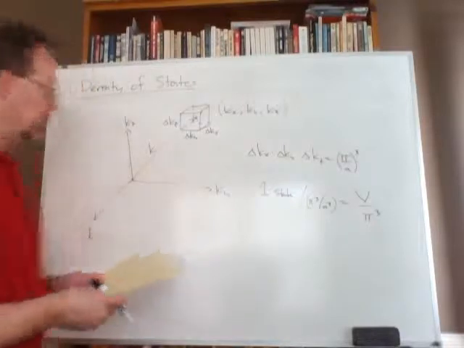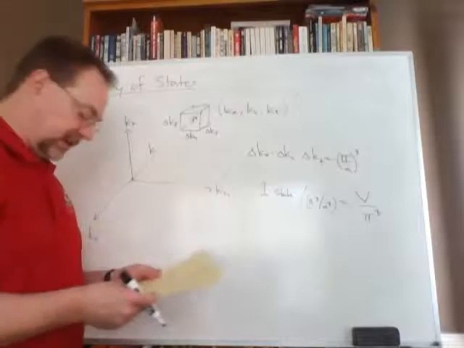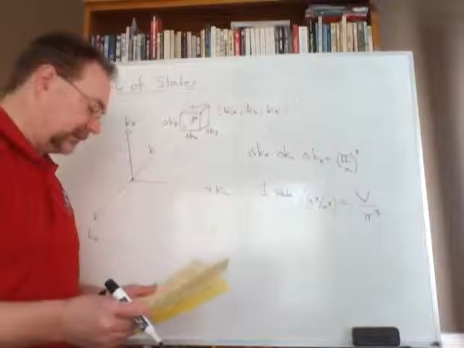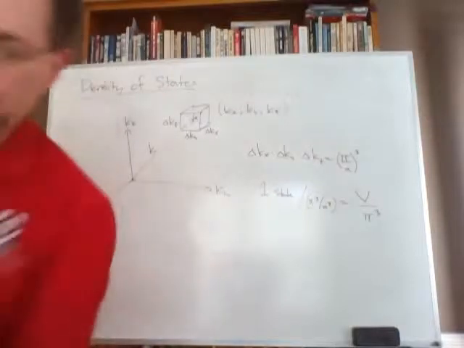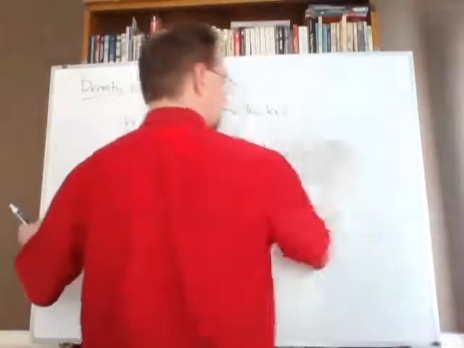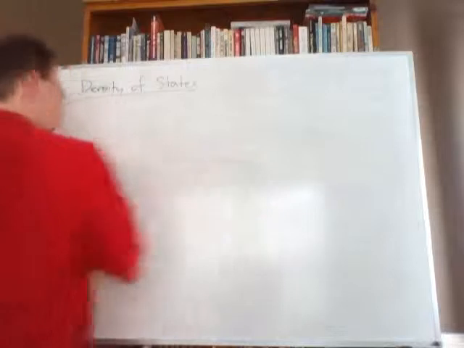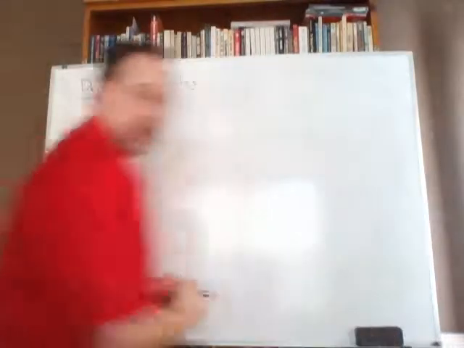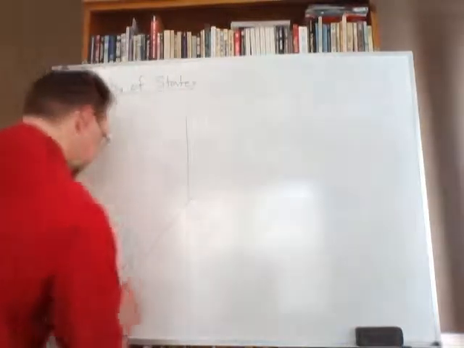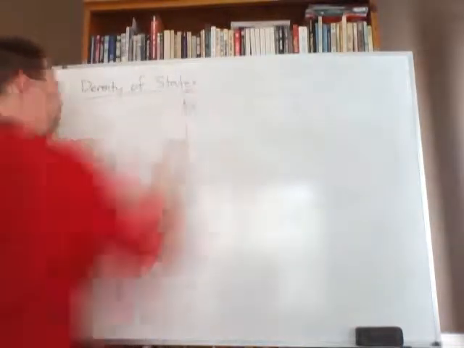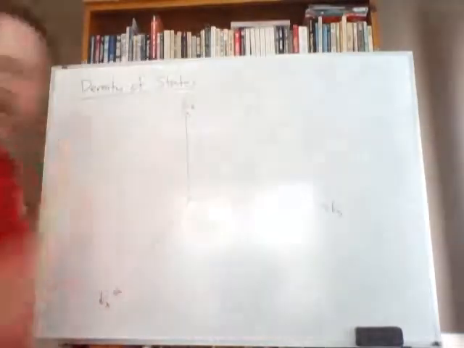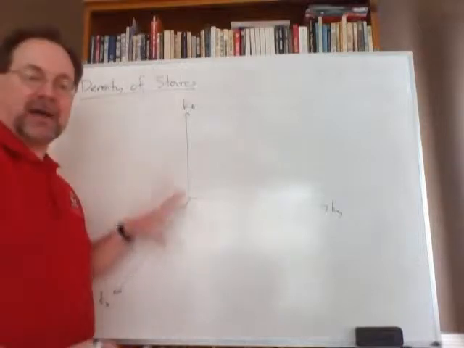Now let's continue to draw a picture of this and develop our picture. I need to redraw my picture in k space a little bit, and we are interested in positive values.